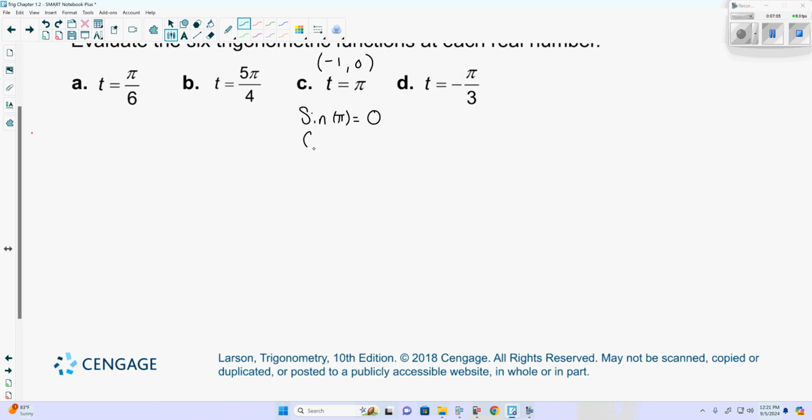Cosine of pi. Cosine would equal the x value, so cosine of pi is what? Negative 1. Tangent of pi. Tangent is going to be y over x. So that would be 0 over negative 1, which is 0.